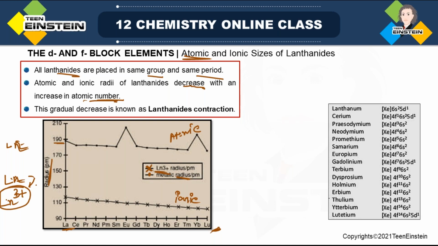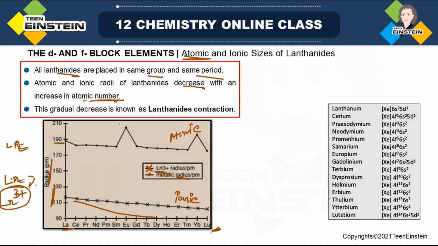So the size of Ln3+, obviously in general, will be much lesser than Ln. Okay, so that is also clear from the picture because it is around 190 picometer, but all these values are in the range of 110 to 130. But in both cases there is a decrease. So when you consider ionic radius, the decrease is very smooth, right?